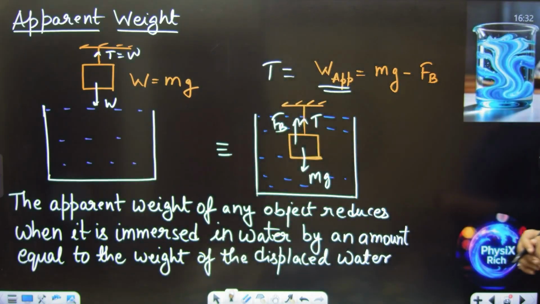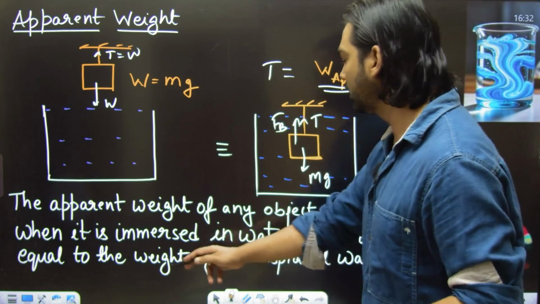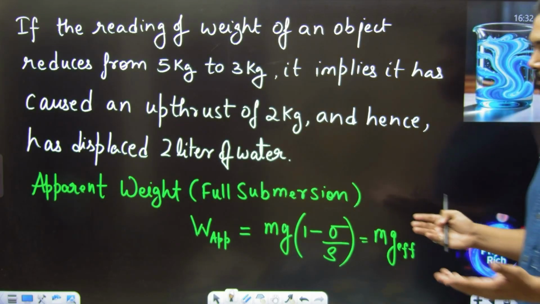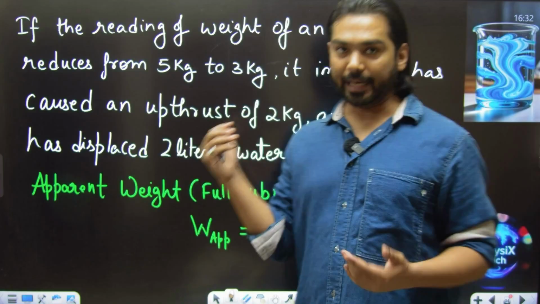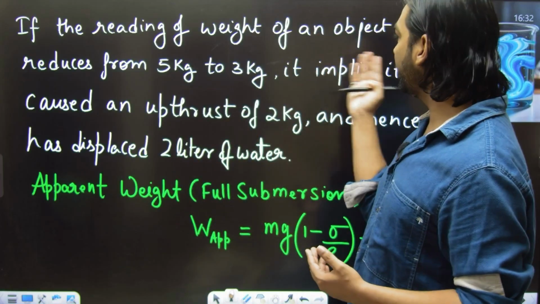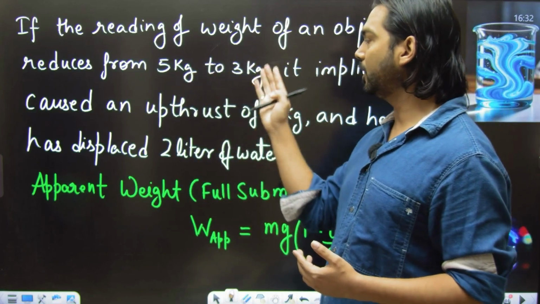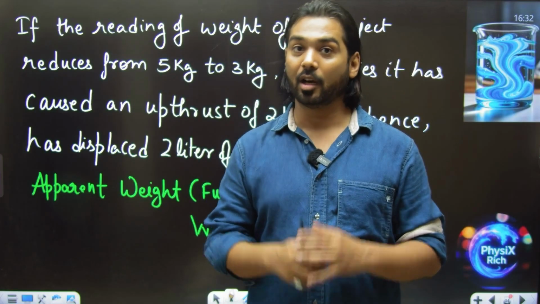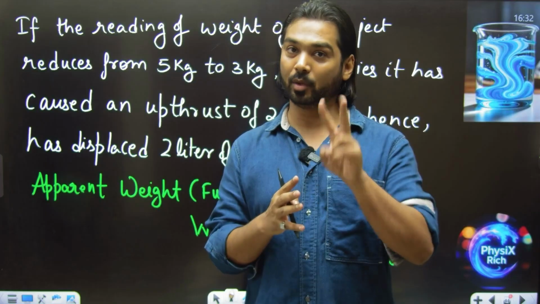So what is the apparent weight? The apparent weight of an object reduces when it is immersed in water by an amount equal to the weight of the displaced water. And you already know what is the weight of the displaced water. It is the buoyant force. For example, if the reading of weight of an object reduces from 5 kg to 3 kg, that must mean that it has displaced a water equal to 2 kg mass.